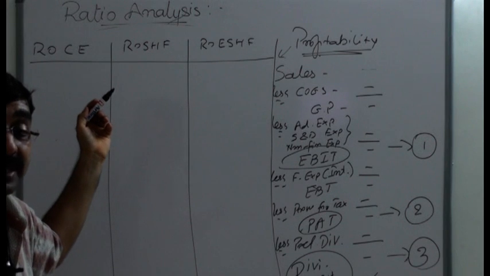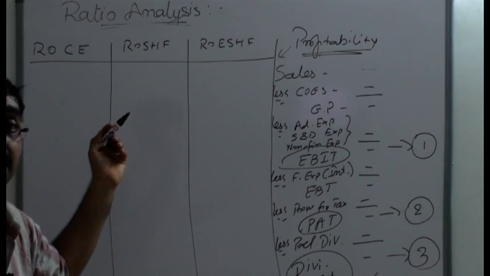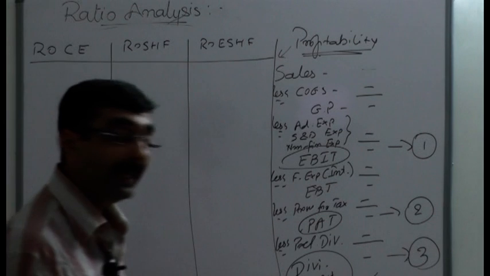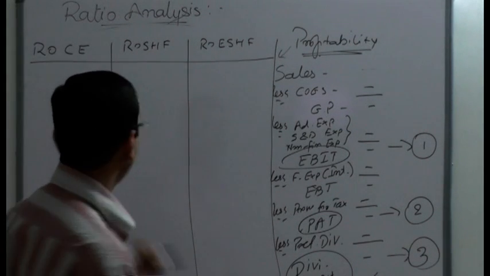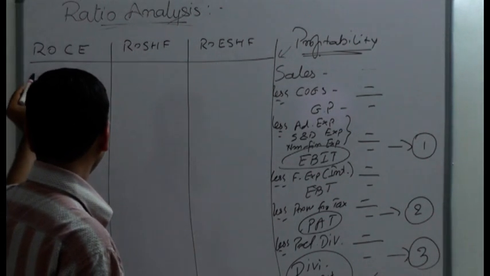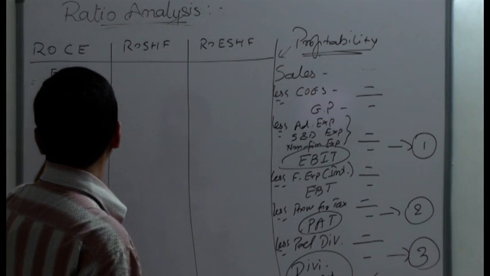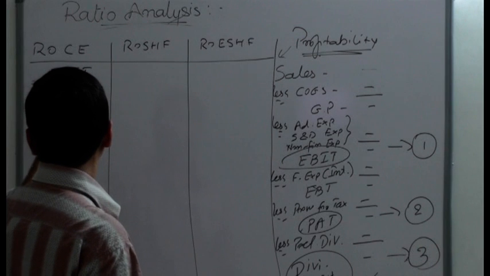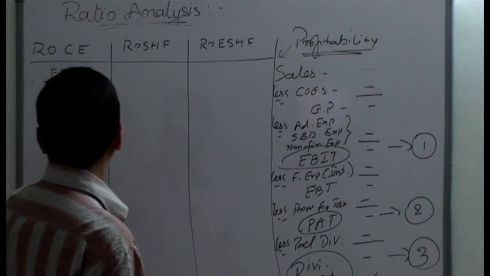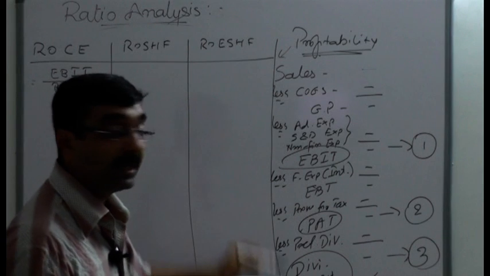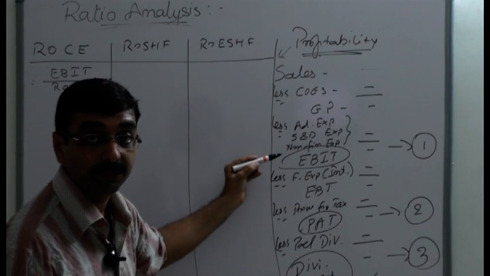That return represents the amount of profitability against your total investments. Now see the first formula: ROC is EBIT, earning before interest and tax, divided by capital employed into 100. EBIT, how you determine, already comes from the earlier formula.